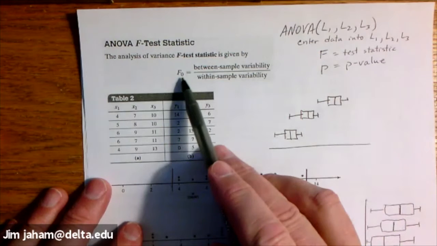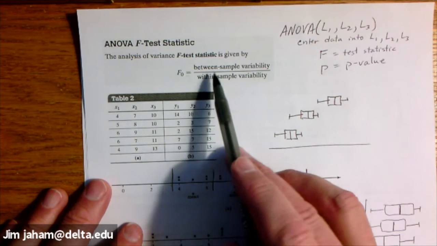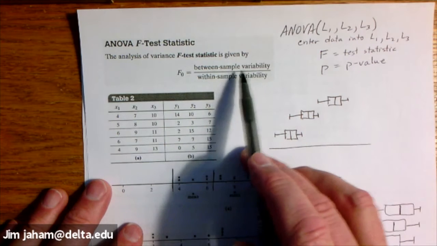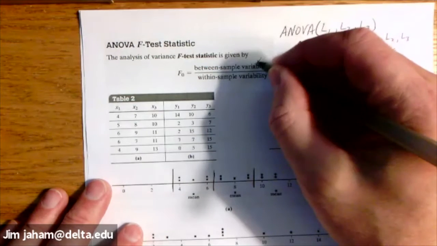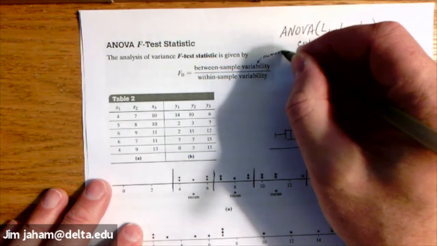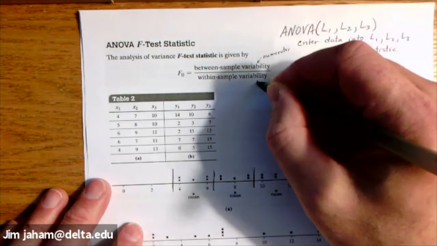Here's the test statistic. Between sample variability, within sample variability. So this is the numerator of the fraction, and this is the denominator.